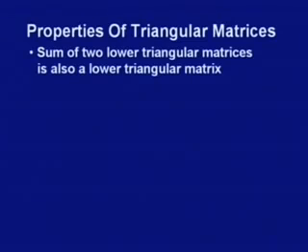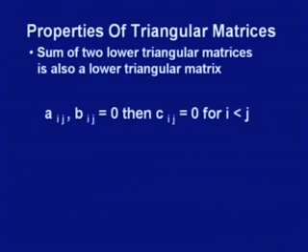I can prove this by the simple fact that Aij and Bij are 0 if they are on the lower side, that means i is less than j. Then since Aij and Bij are 0 for a lower triangular matrix whenever i is less than j, so will be Cij, and that proves that the sum matrix will also be a lower triangular matrix.